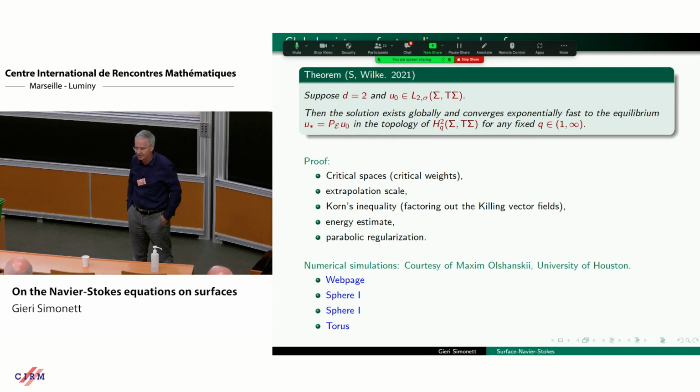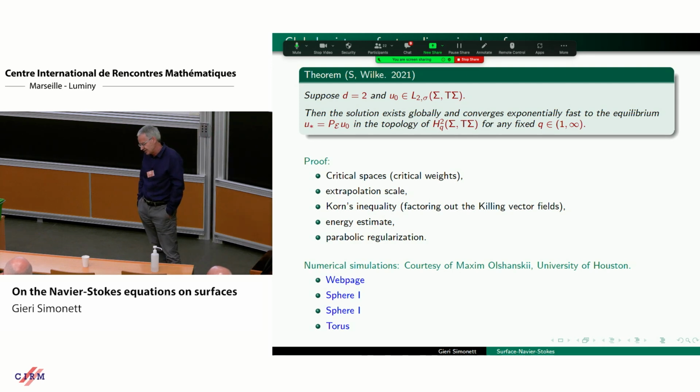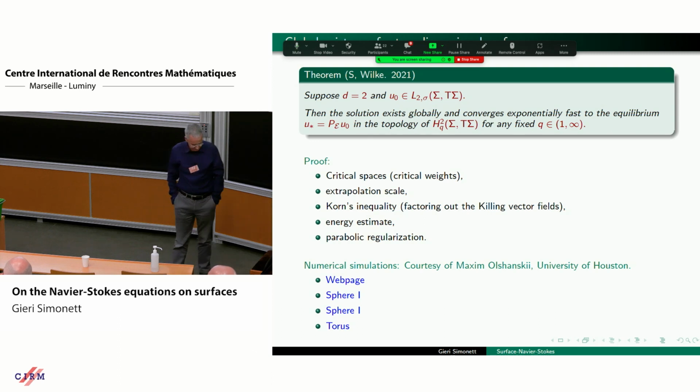That means you have a situation with boundary conditions, for instance slip or partial slip, where the ocean meets the land mass, and we believe we can prove a similar result in that context.